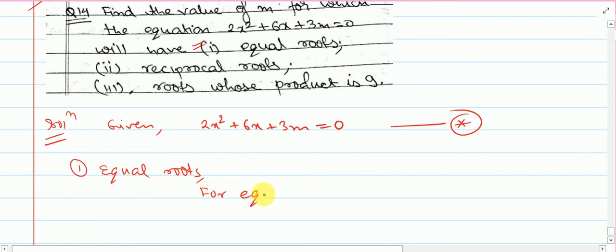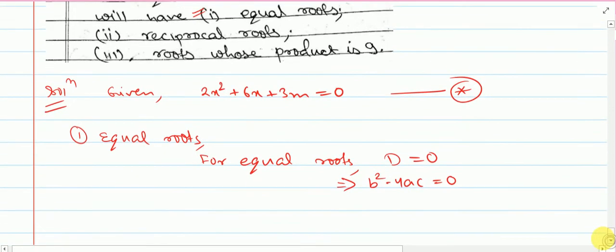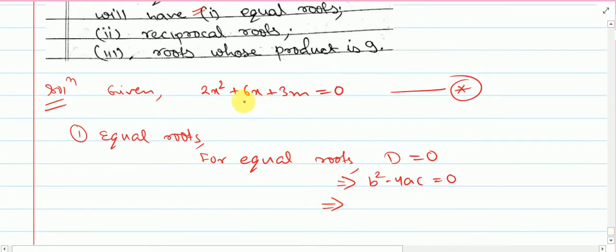For equal roots, your discriminant will be equal to 0. That means b square minus 4ac will be equal to 0. So for this, your b is 6. So 6 square minus 4 into a, that is 2, into c, that is 3m, equal to 0. 6 square is 36 minus 4 twos are 8, 8 threes are 24.